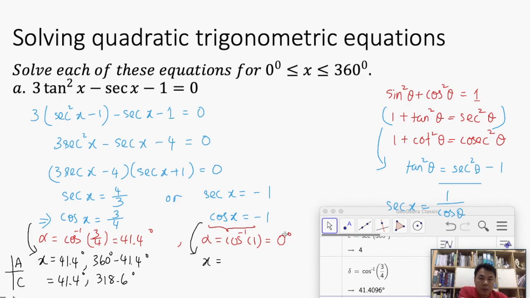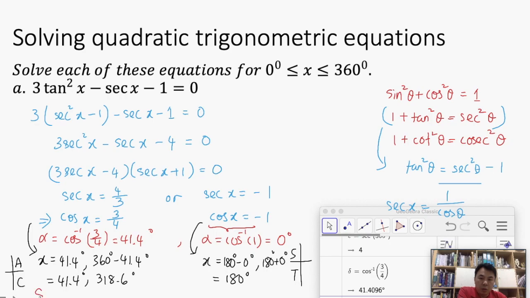For this one here, because this is negative, the solutions should be located in the third quadrant and the second quadrant. The second quadrant will be 180 degrees minus 0, and the third quadrant will be 180 degrees plus 0, which ends up with a single solution, 180.